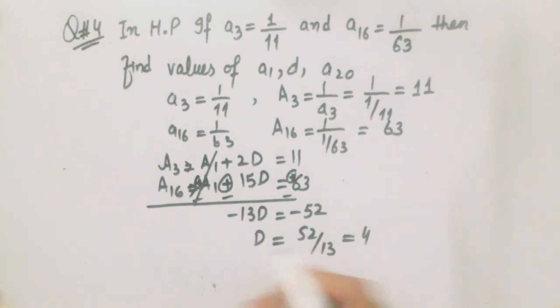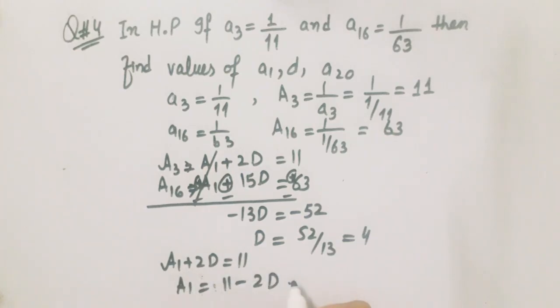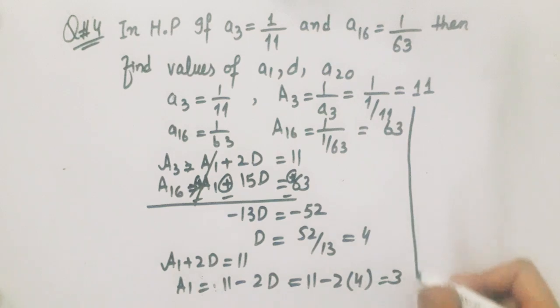Now you have found the value of D. Now put this value in any one equation. So A1 plus 2D is equal to 11. So A1 is equal to 11 minus 2D, meaning 11 minus 2 into 4. So this becomes 11 minus 8, which is equal to 3. So A1 is equal to 3.